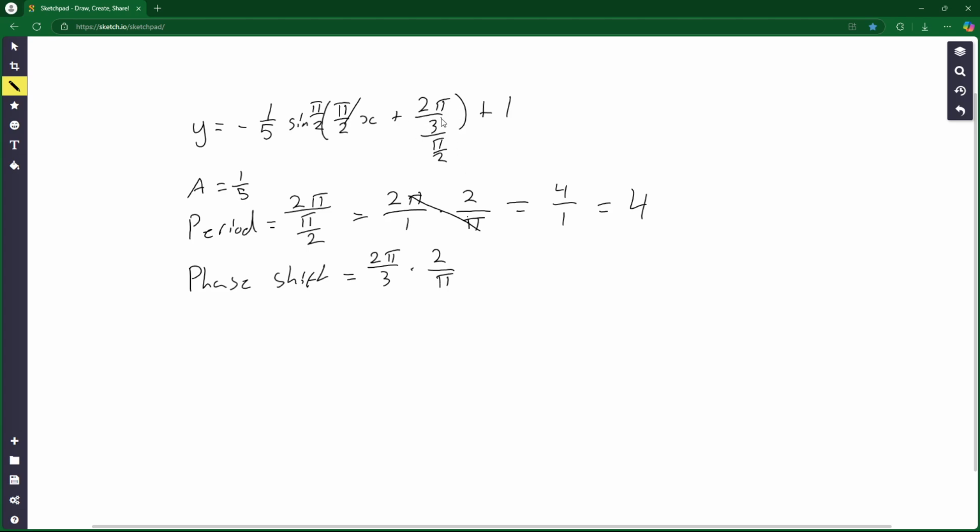This is just solving a complex fraction. Move this out from under it, flip it, and you get this. So 2 pi over 3 times 2 over pi, those are going to cancel out, and you are left with 4 over 3. And that's as much as you can do with it. Just circle these.